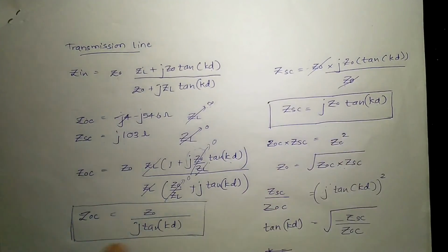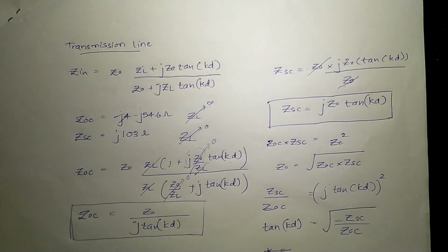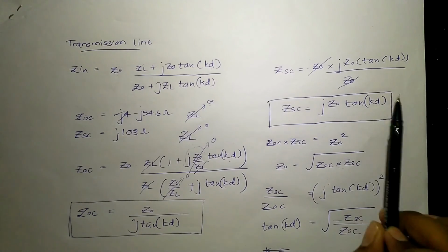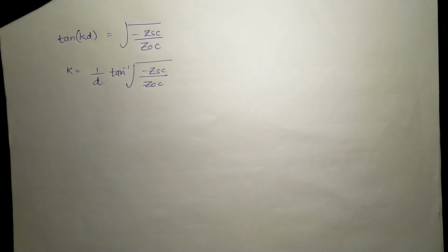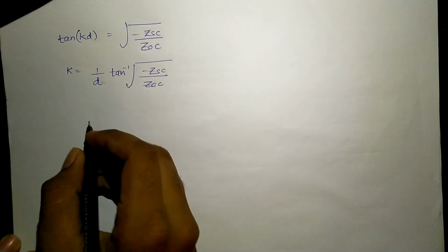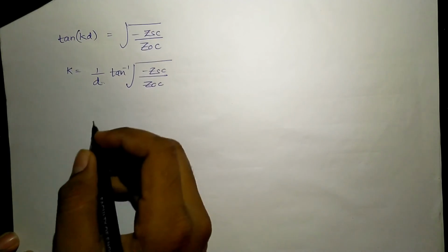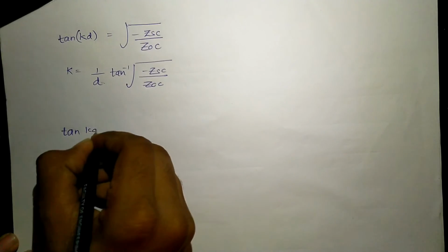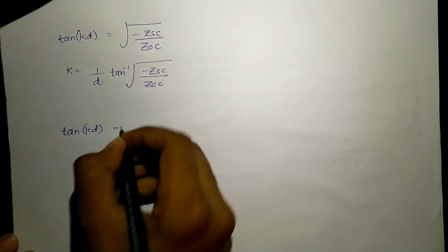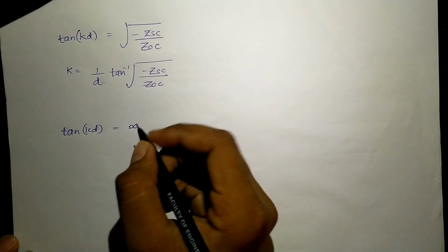In both cases, Z0 and ZSC, there's a term tan. That tan value must go to infinity. Therefore tan KD must go to infinity.